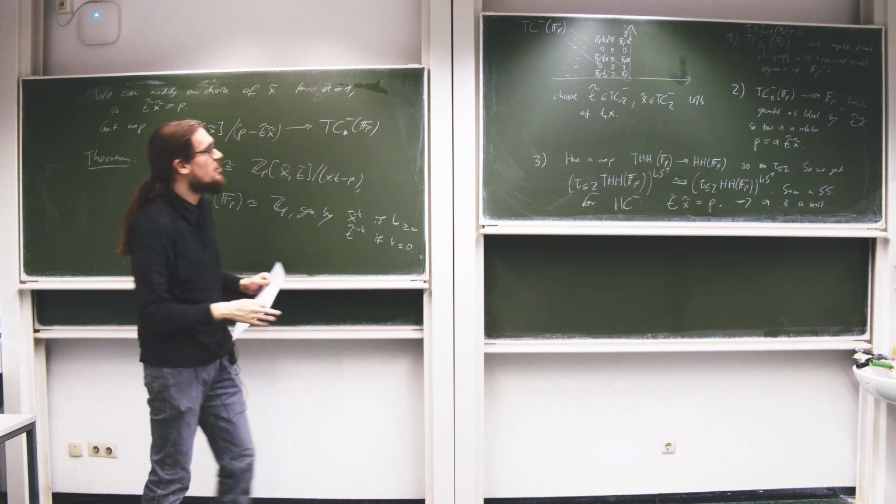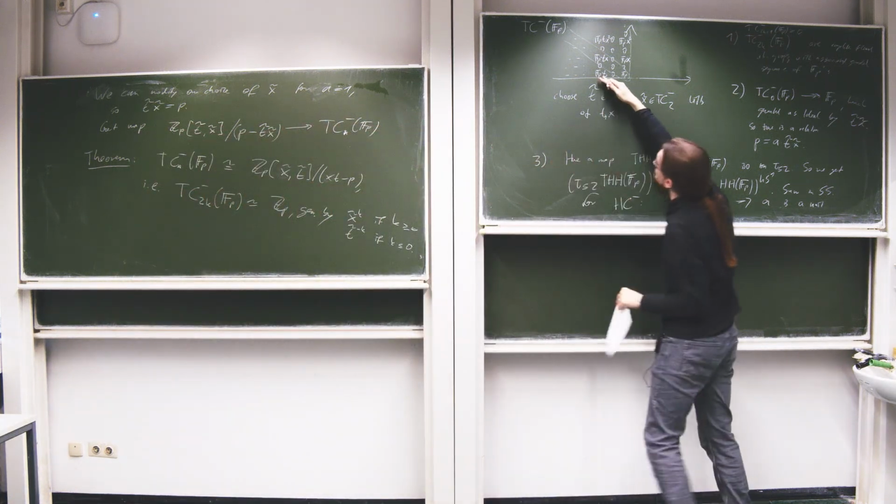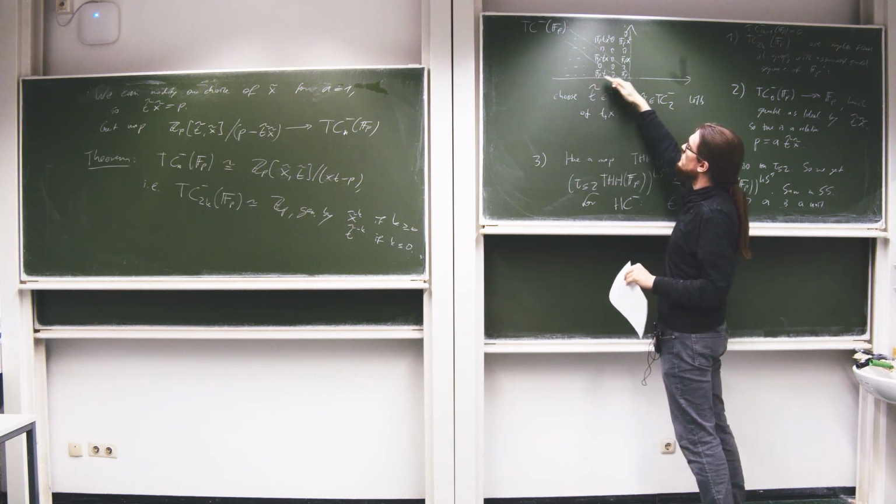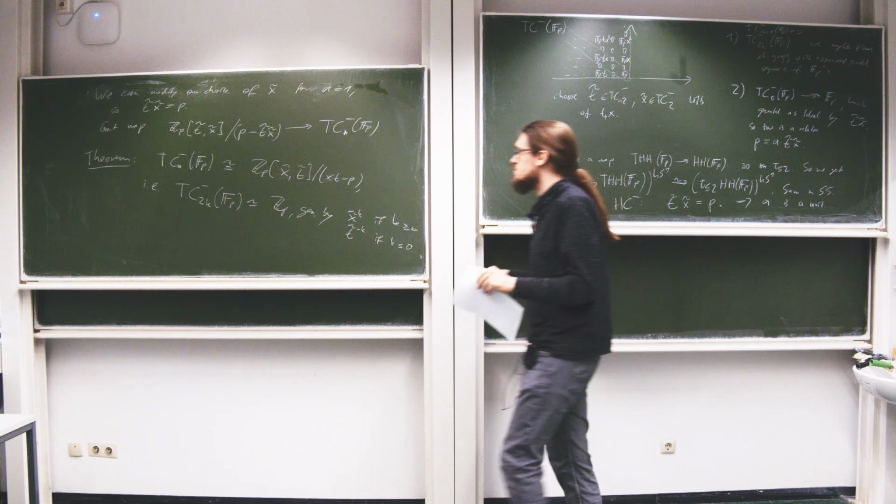So we get this pattern that each of these diagonals assembles to a single Zp generated by the corresponding power of t or the corresponding power of x.